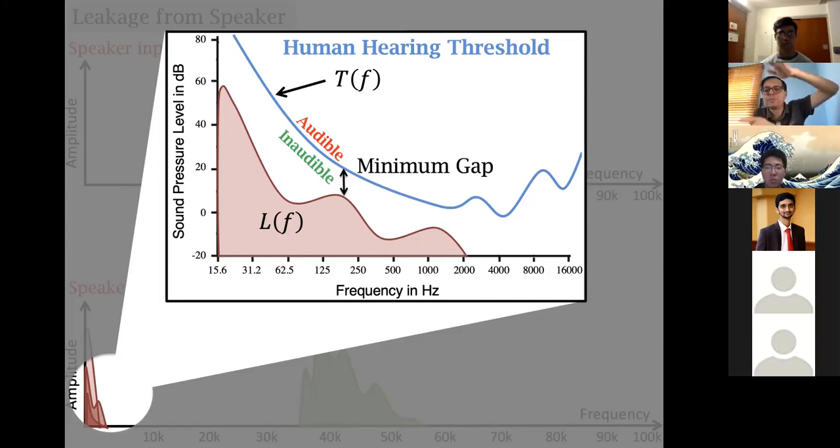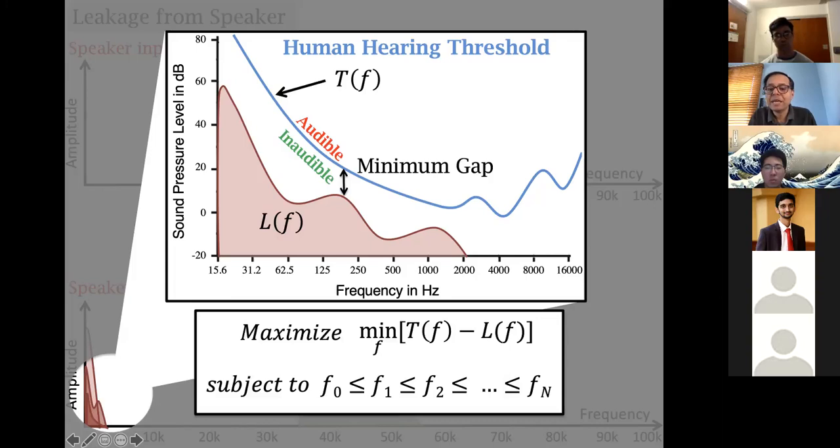You want the minimum gap to be largest. Maximized. Okay. So maximize the minimum gap between TF and LF. So by changing your F1, F2, F3, which are the frequency slices, every F1, F2, F3, Fn vector gives you one minimum gap between LF and TF. You can do gradient descent.